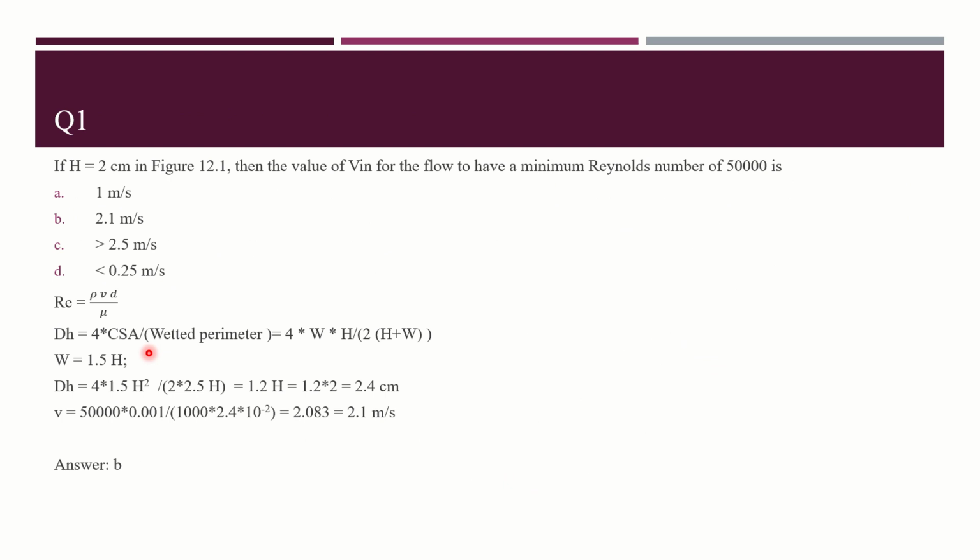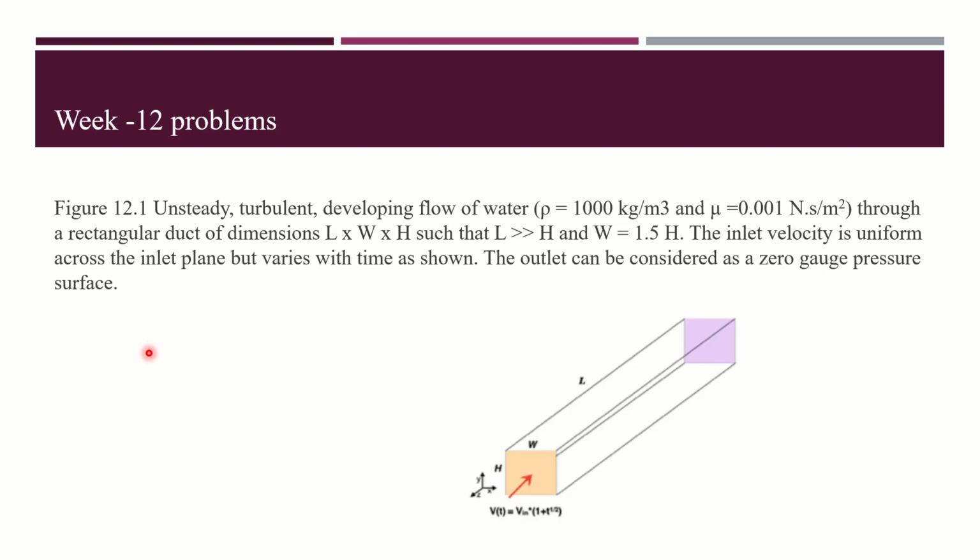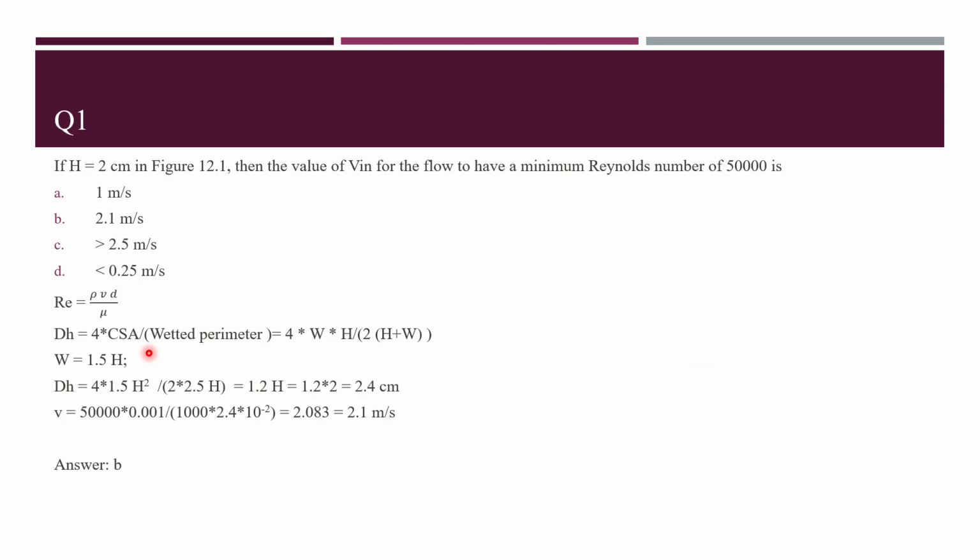If we go through it once again, the first one is a rectangular duct problem. In the first question we are asked to find the inlet flow velocity, and we are given the Reynolds number, which is nothing but rho v d by mu.